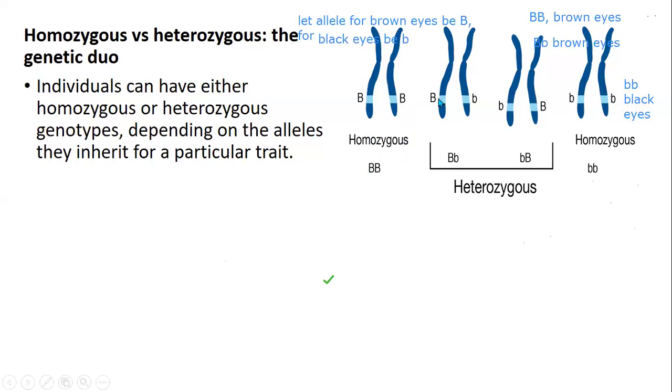But if one of your parents gave you capital B and the other gave you small b, whichever parent gave which, these are heterozygous. It means that you have a bit of the recessive trait and the dominant trait in you.